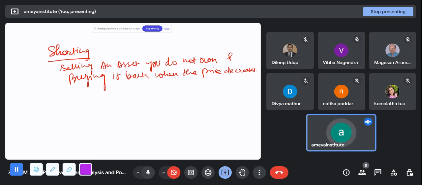Now let's understand how this process of shorting happens. First, we'll discuss one example here.